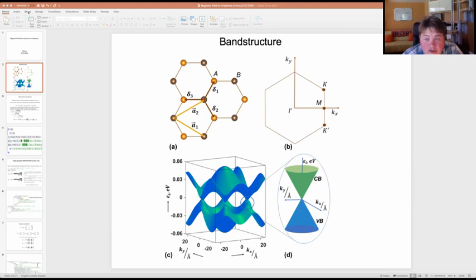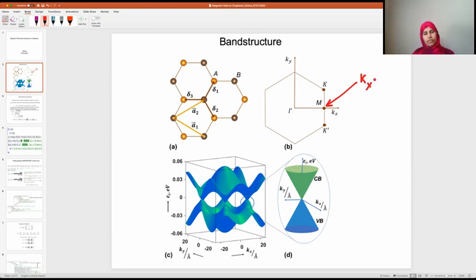So can you tell verbally what are the values of Kx and Ky for the M and K points? It should be 0 and, so Ky is minus 22. I'm sorry, 22.